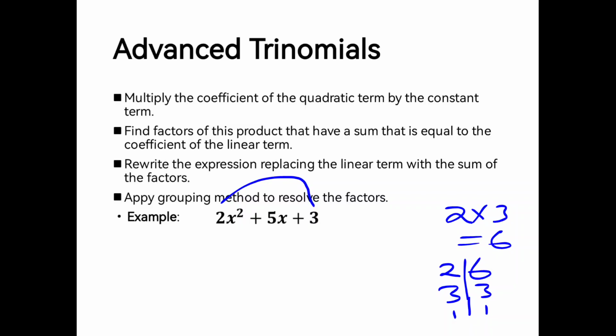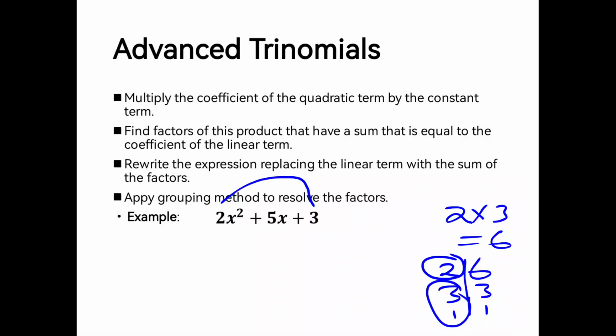Then we look at finding factors of this product, which is the 6, that have a sum equal to the coefficient of the linear term. In this particular case, those factors are 2 and 3. So 2 plus 3 will give us 5.